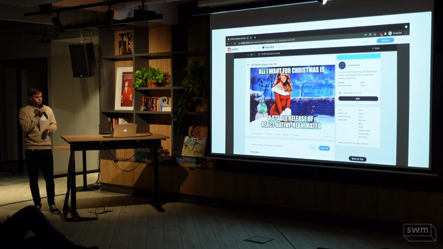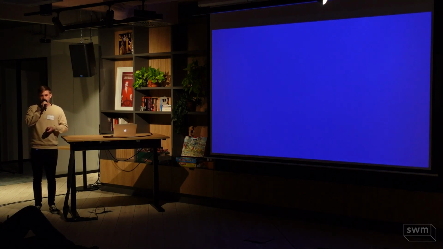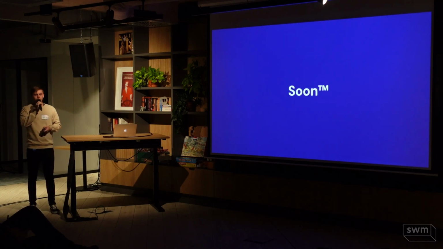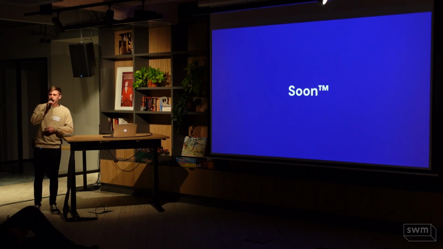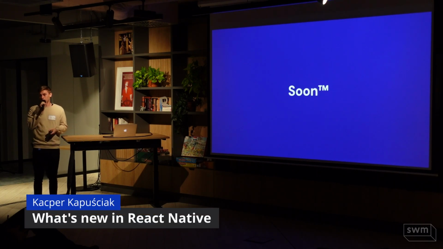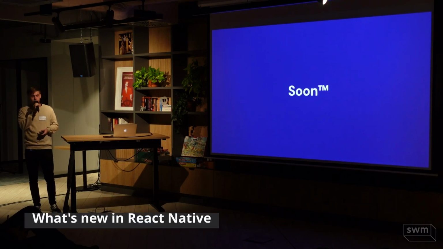That's a great feature. And the answer is soon. We don't have estimates, but the beta release will probably be this month. But the stable release, no one knows. Maybe before Christmas, maybe after Christmas.